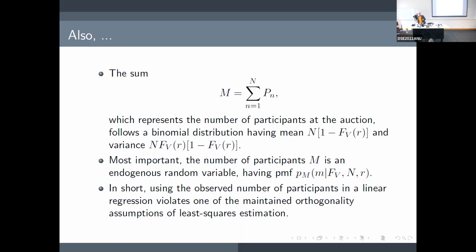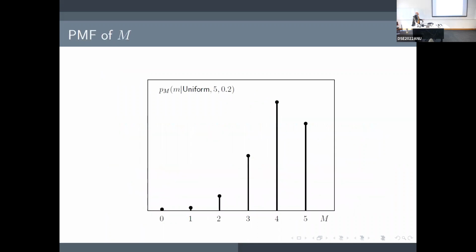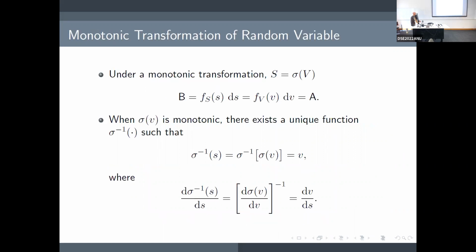They say things like, well, when M is larger, I get higher winning bids. Well, sure, more people participated, but also more people had large values. You can actually calculate what the PMF looks like. Here's uniform random variables with 5 folks and 0.2, you can get all sorts of nifty patterns.